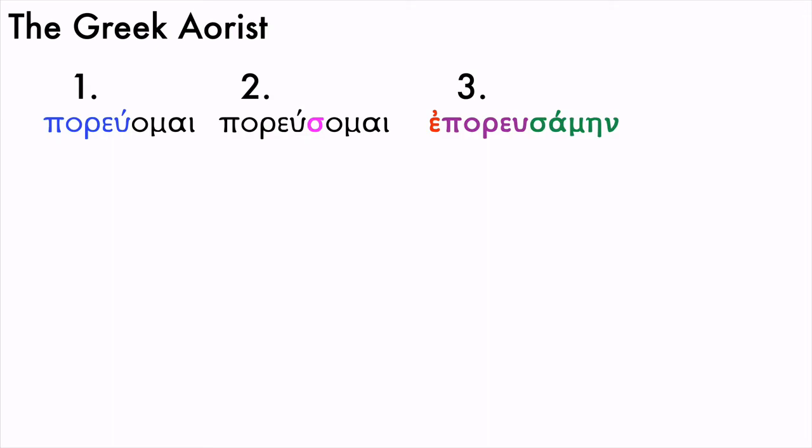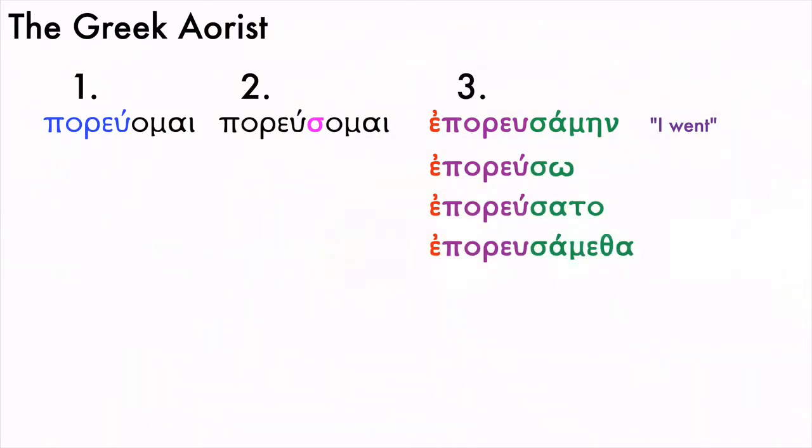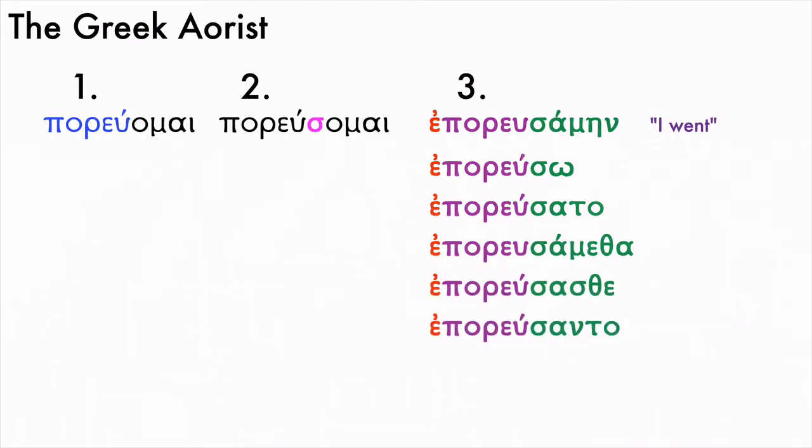It's deponent in all three of its first principal parts, which means there's nothing passive or middle about it. It just means to go. And so eporusamein just means I went. And the rest of the chart is also going to be aorist middle.